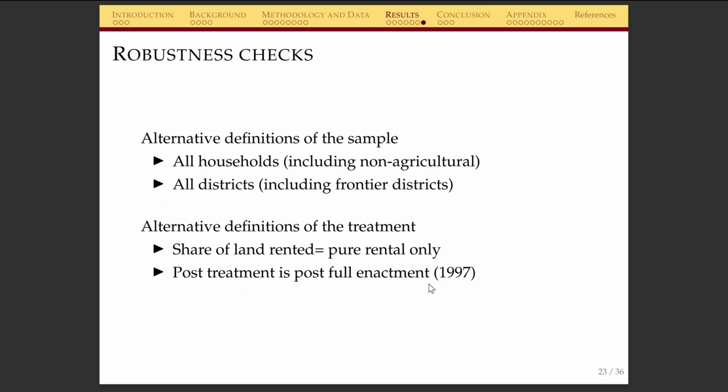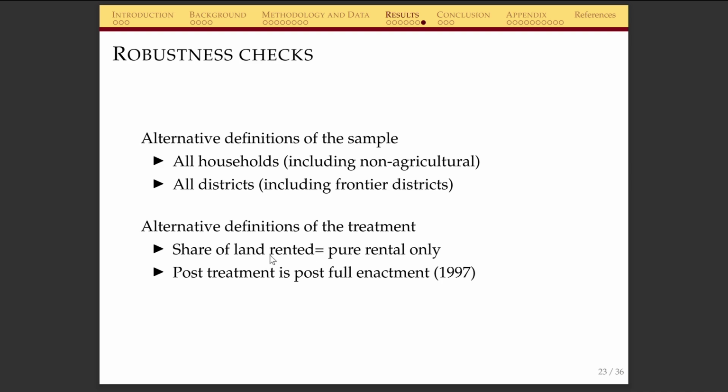I run a few robustness checks where I look at different definitions of the sample, so looking at all households instead of only agricultural households, and looking at all districts, not just the agricultural districts.